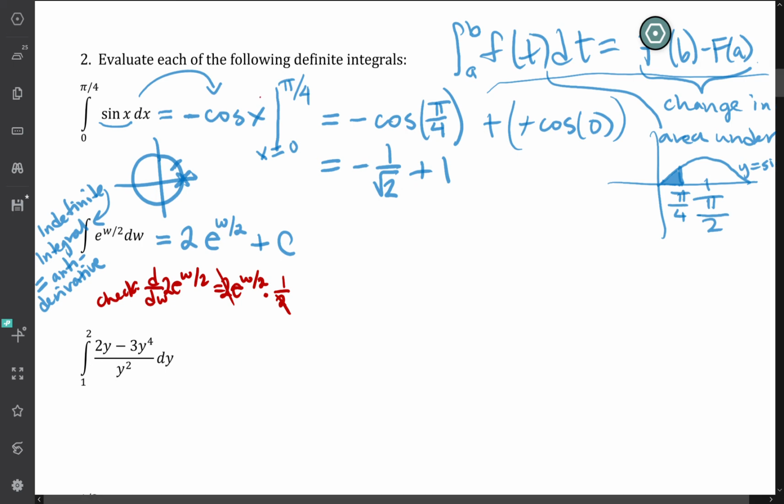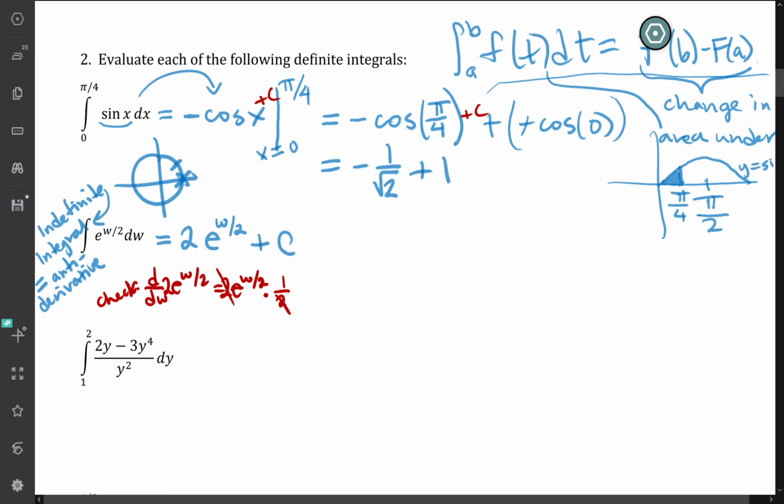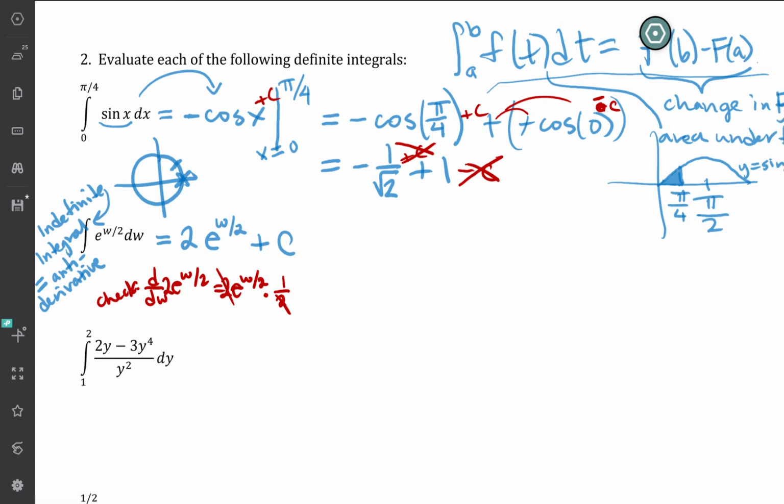Think about if I had put a plus c in here, then when I plug in pi over 4, I'd get opposite of cosine pi over 4 plus c minus opposite of cosine 0 plus c. And when I distribute this minus in, this would become a minus c, not a plus c. So I would have negative 1 over root 2 plus c plus 1 minus c, and the c's would drop out. So when you're doing definite integrals, you just pick any antiderivative. Usually we pick the one that has c equal to 0, so we don't have to think about it.